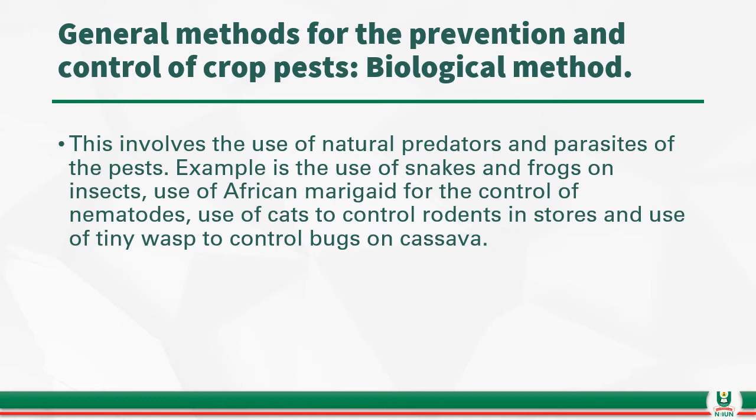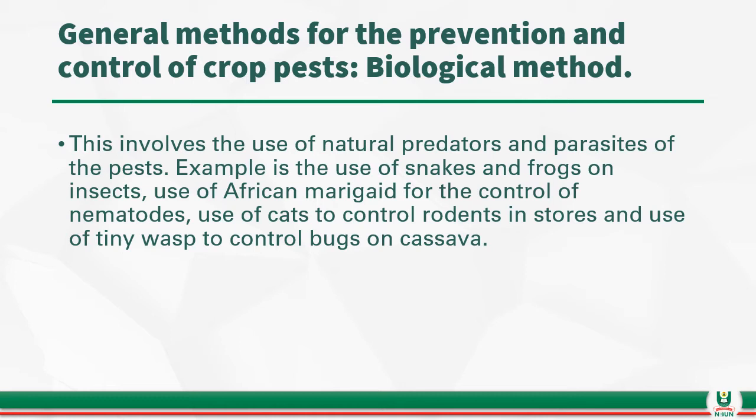So that's the whole idea. It will be difficult to flood your field with snakes, but frogs, you can increase on your plants so that they can eat the insects. They will even scare the insects away because they eat them. So when insects know that there are frogs there, they just leave.